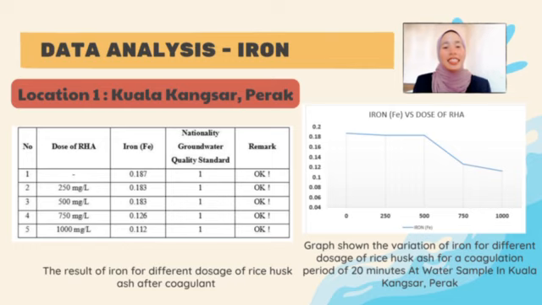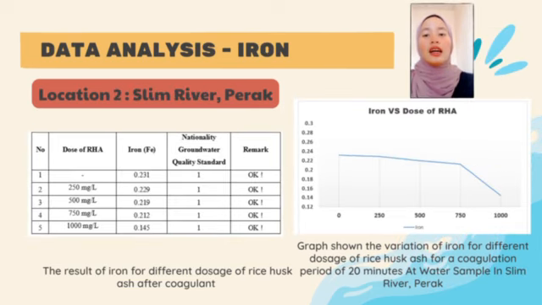Okay, this is the data analysis for iron. The result of iron for different dosage of rice husk ash after coagulation. This graph shows the variation of iron test for different dosage of rice husk ash for a coagulation period of 20 minutes at the water sample in Kuala Kangsar, Perak. Next is the data at the next location, which is location 2 at Slim River.